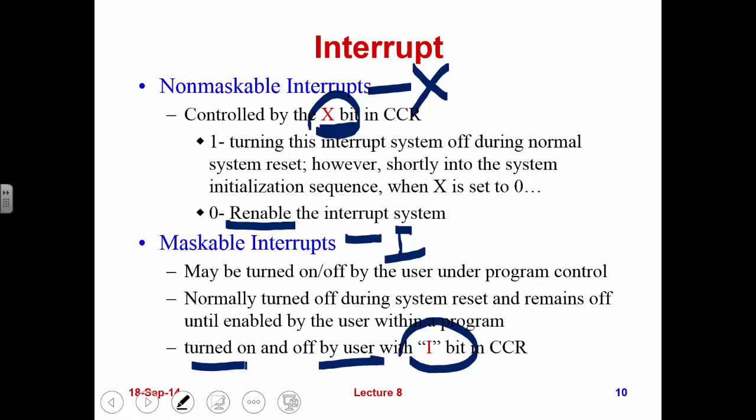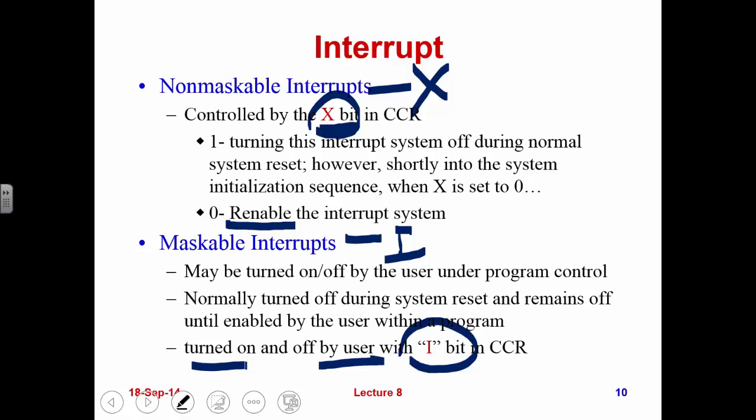Then it remains off until your program enables it. You enable it by making the bit I 0, similar to the non-maskable interrupts. So 1 is disabled, or turned off, and 0 is enabled. When you make it 0, you enable it, which means they can interrupt the CPU.